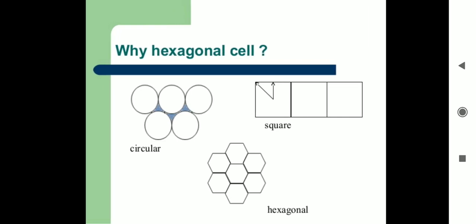Cell splitting is the process of subdividing congested cells into smaller cells, each with its own base station, having a corresponding reduction in the antenna height and the transmitted power.